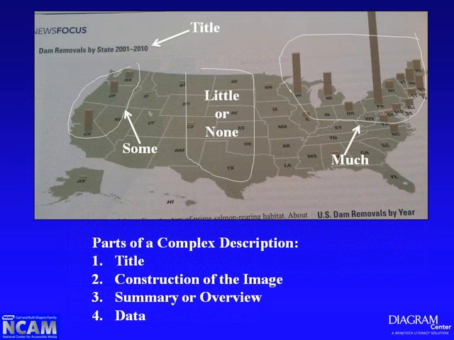You have a lot of dam removal in the Northeast and the Great Lakes area, little or none in the center of the country here and in the Southwest, and then you have some over in the Pacific, the states on the West Coast. And that's really what this map is getting across.